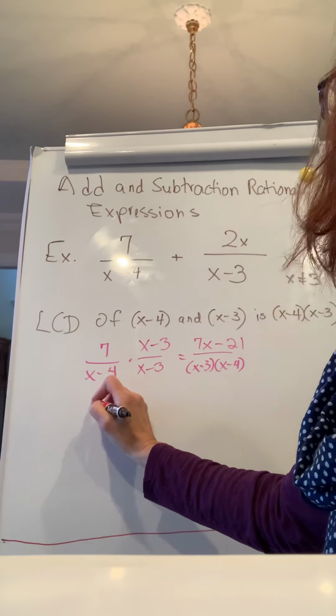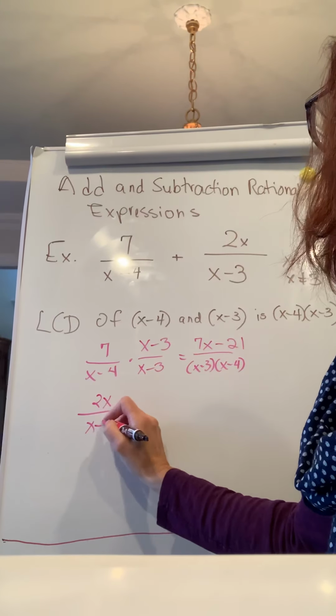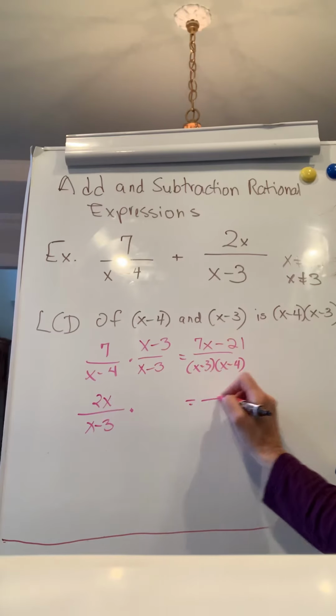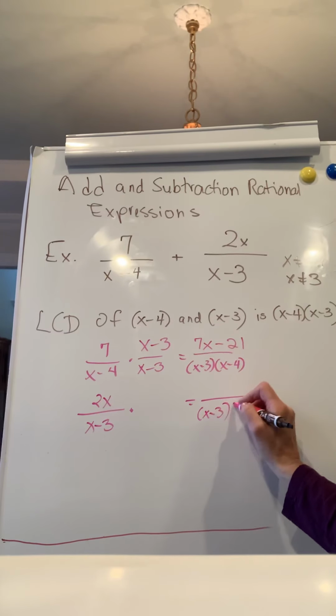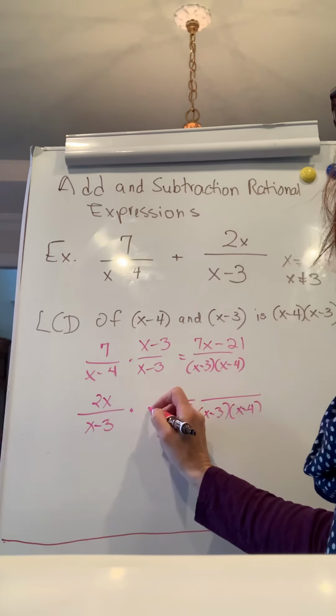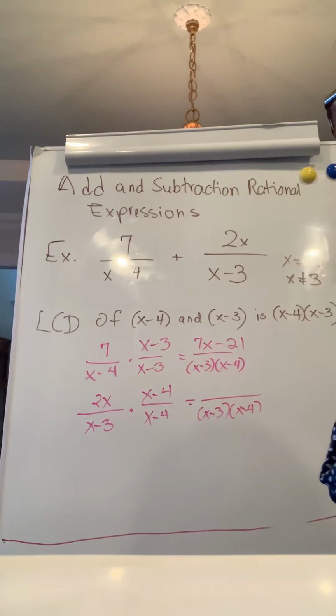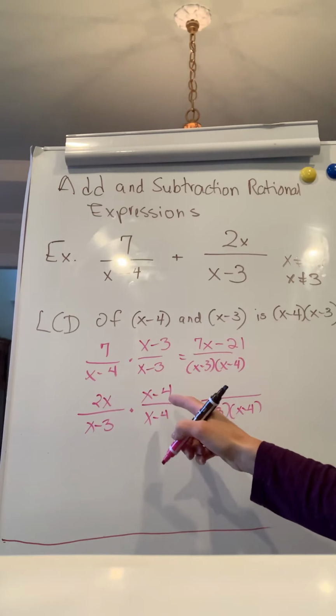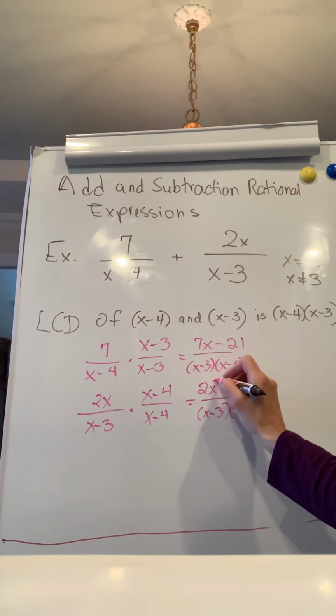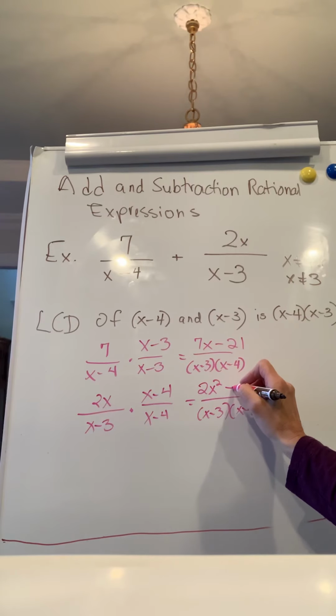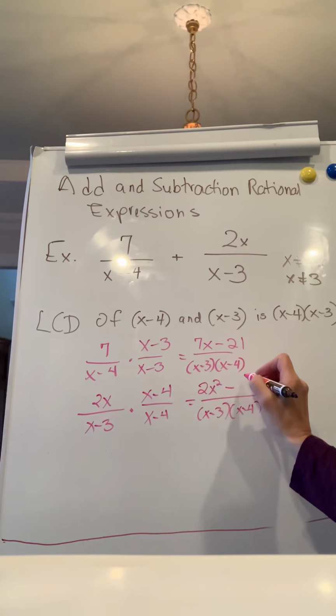If I take 2x over x minus 3, what do I need to multiply by to get x minus 3, x minus 4? I need to multiply by x minus 4. If I multiply the numerators, I get 2x squared minus 8x.